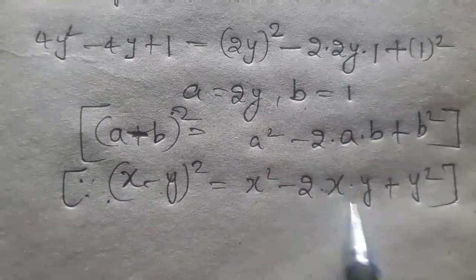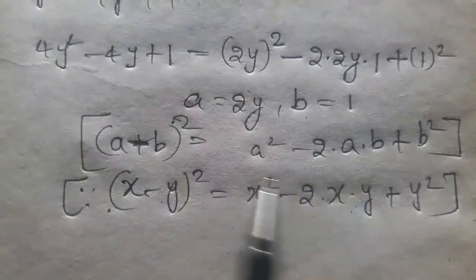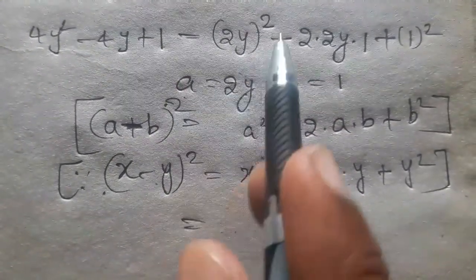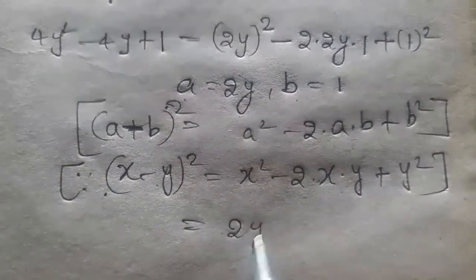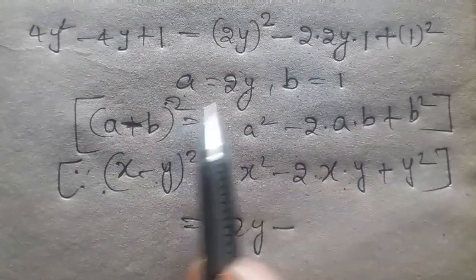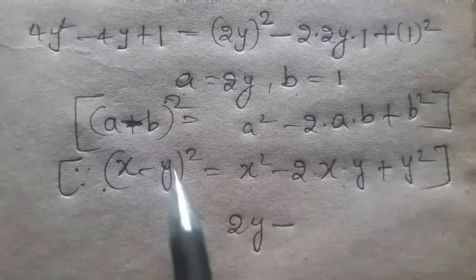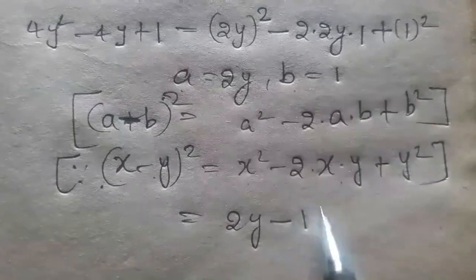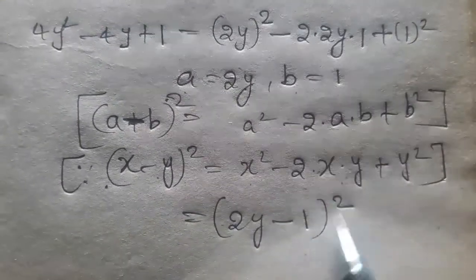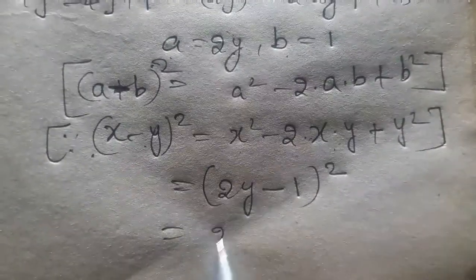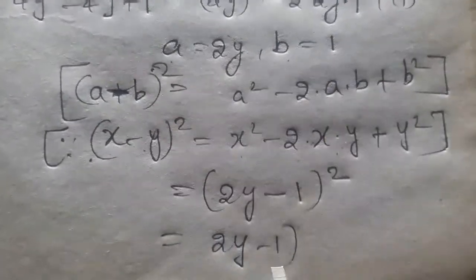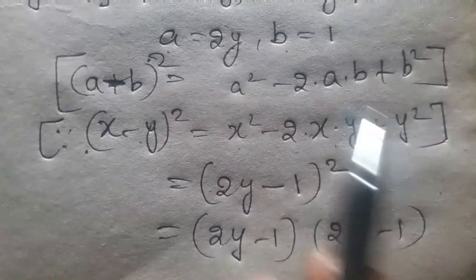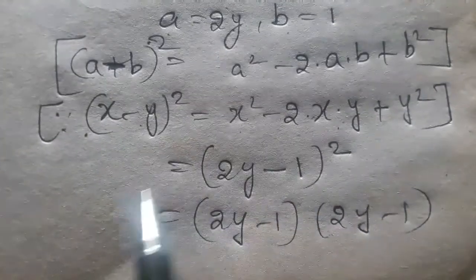So by using like this, this identity is here. So this can be written as a means this one, that means 2y, minus 1 whole square. Now this can be written as 2y minus 1 into 2y minus 1. So what will happen here, I will tell you.